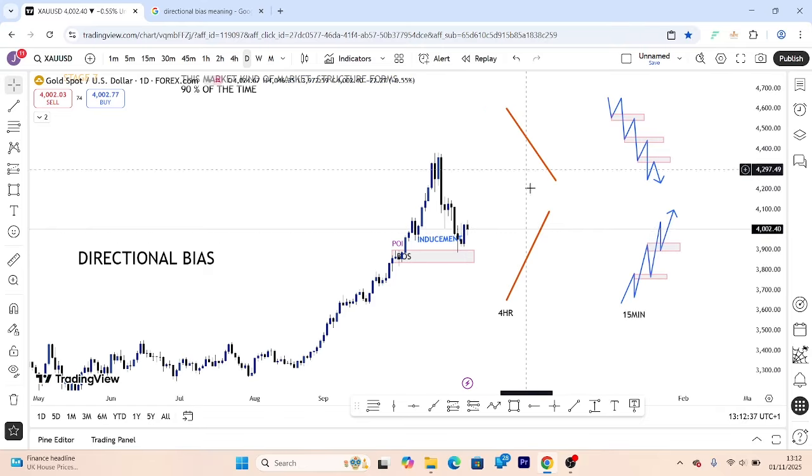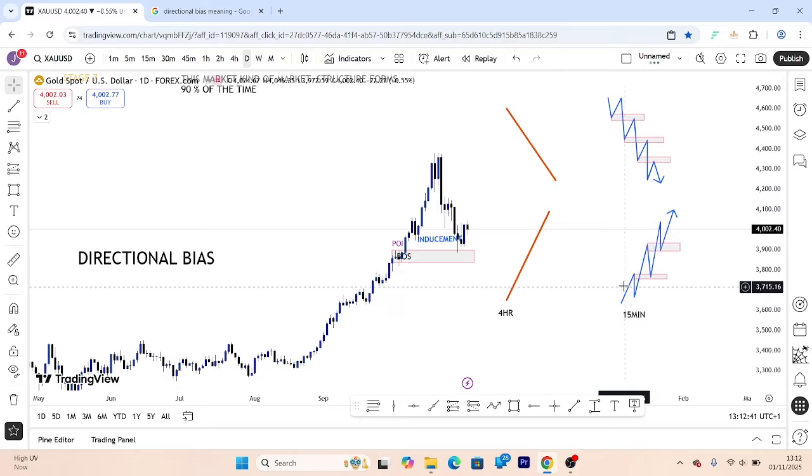So at this level, we need to understand we are going to buy, but we'll not just buy from the higher time frame. We'll go to the lower time frame, maybe for instance the 15 minutes time frame, so that we will identify the right point of interest. Now this big candlestick represents this, and if we go down to the 15 minutes, you will see this type of market structure formation.